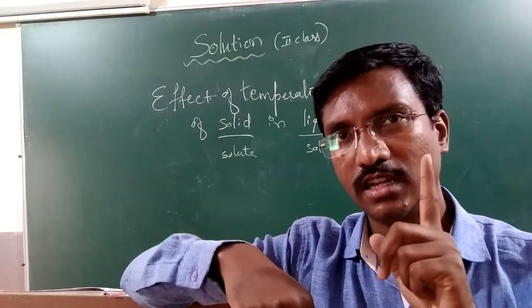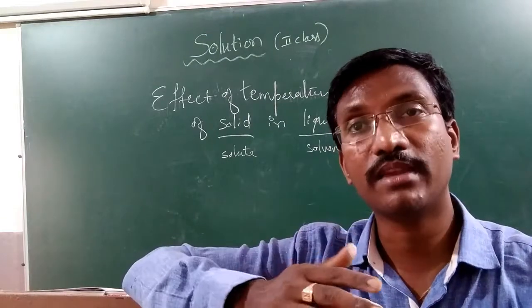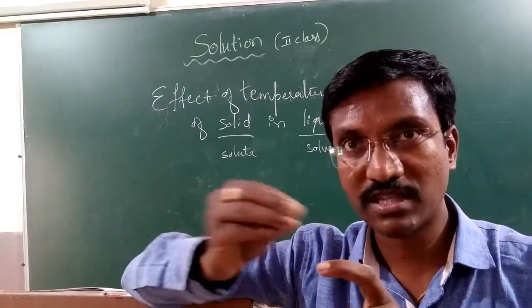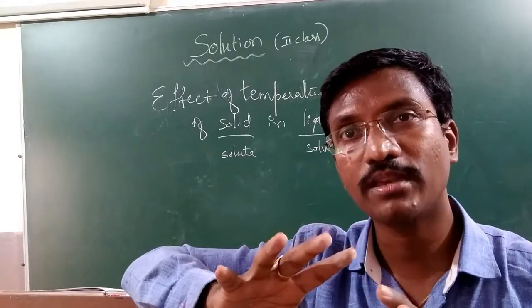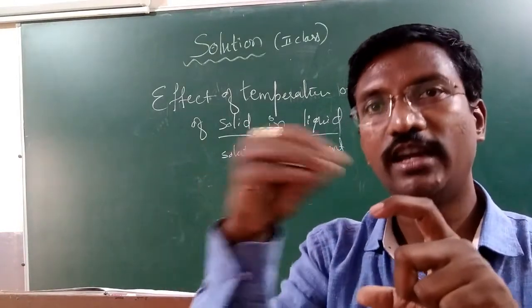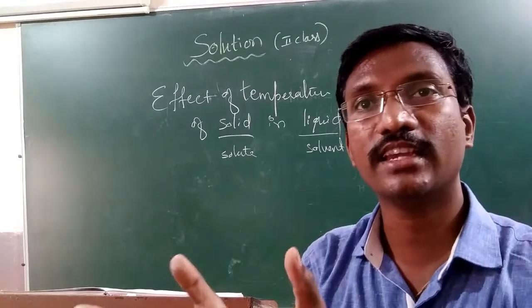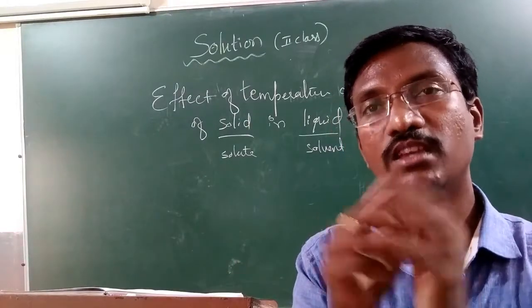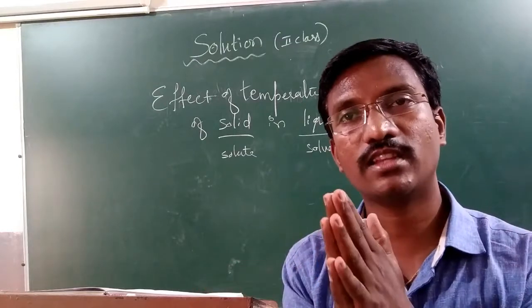How? The first thing we have to consider is whether the dissolution, the mixing of the solute in a solvent, is endothermic. If it is endothermic, then on mixing the solute in a solvent, it should absorb heat, not release heat. If it absorbs heat, then it is called endothermic. If it releases heat, then we call it exothermic.